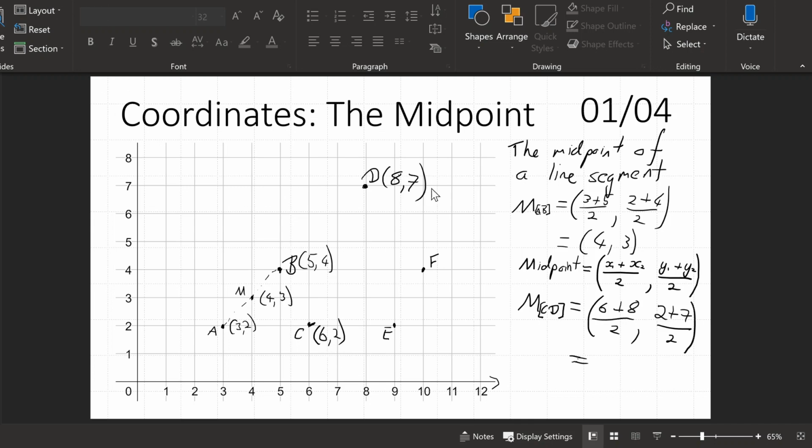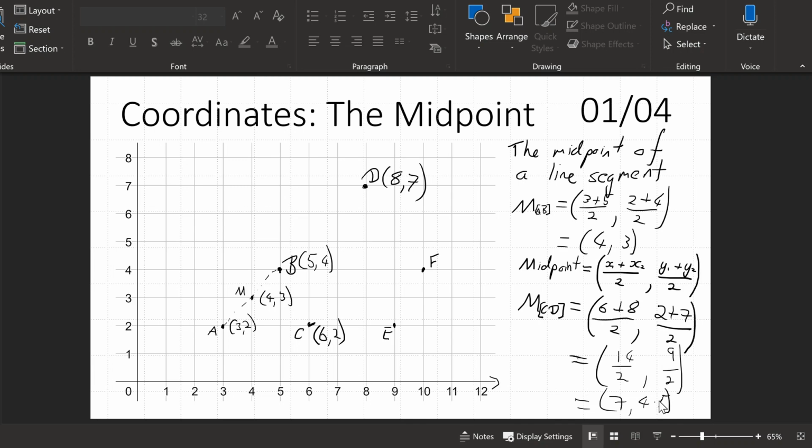Just so long as x1 is with y1 and x2 is with y2, okay? So 6 plus 8, that's going to be 14 over 2, comma, 2 plus 7, that's going to be 9 over 2, and oh, we're going to get a decimal value here, aren't we? We're going to get 7 as our x value and 4.5 as our y value.